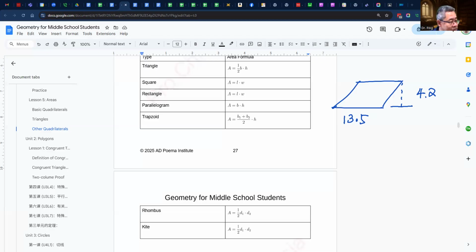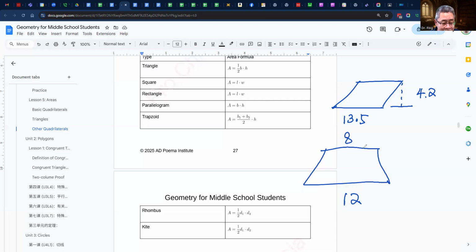All right. Now we do trapezoid. We got two bases. One is 12, one is 8.